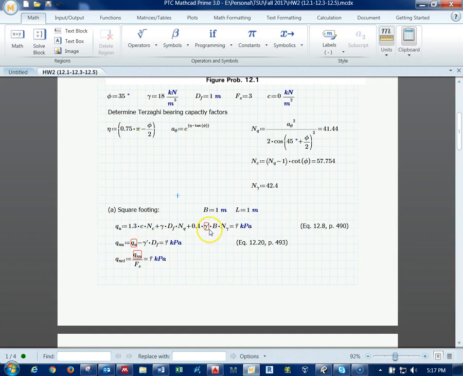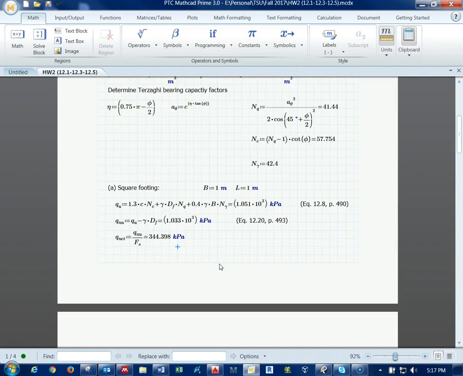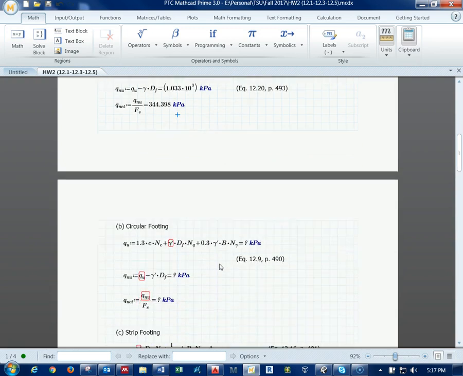Let me fix all this. There we go. So really the numbers don't change. Now it's just the nomenclature that's right. So I get basically 1,000 kilopascals. The net divided by a factor of safety is 344 kilopascals.